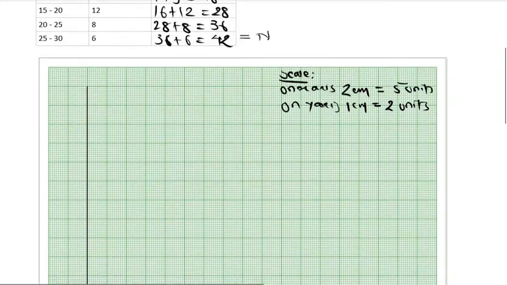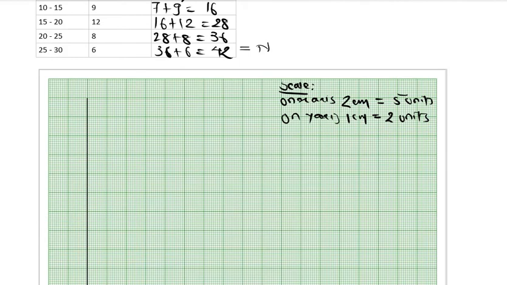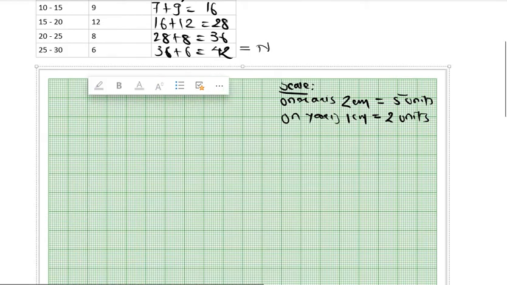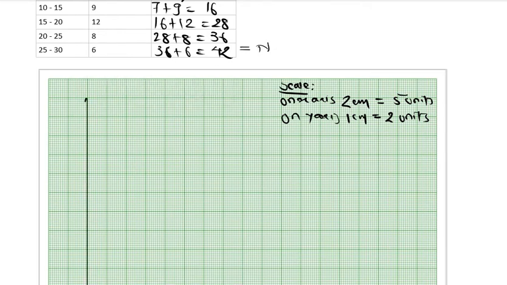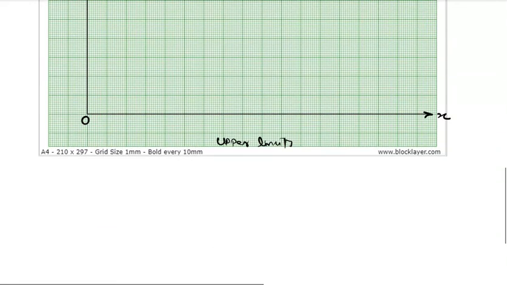Okay, so let's write over here y. Oops, I did something wrong. Okay, I got it back. So I've got my x and y axis. Upper limits are going to be on the x-axis, and on the y-axis I'm going to get the cumulative frequencies.